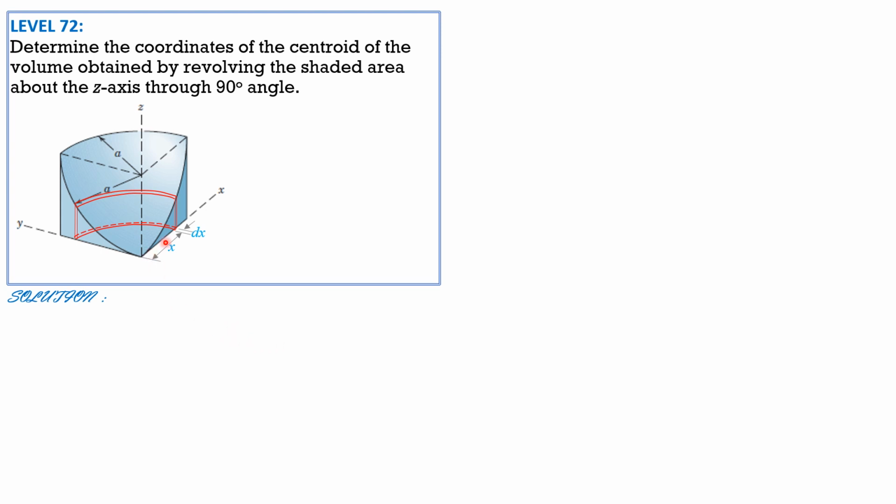The thickness is dx, the height is z, and that's the distance traveled by the centroid of this z here. So that's the centroid, and the distance from the base xy plane is z over 2. This distance is also x, which is equal to y. Then that's z over 2. This is x sub c, and this is y sub c.